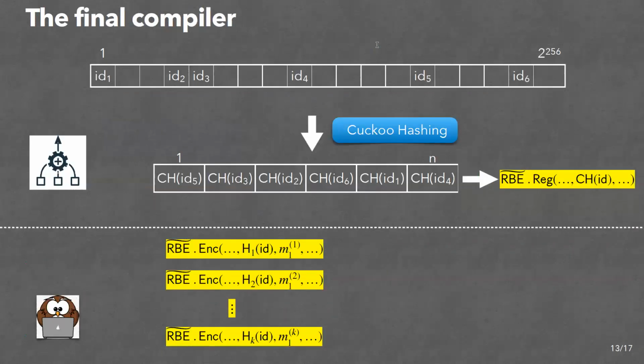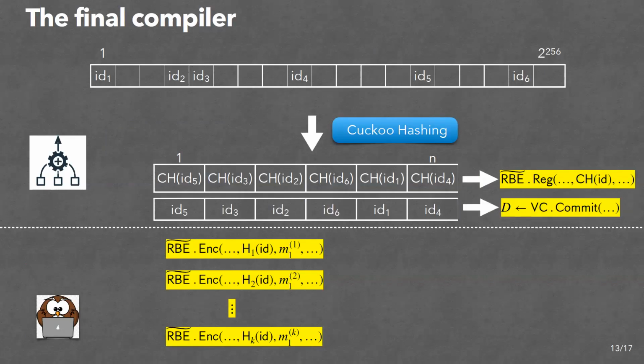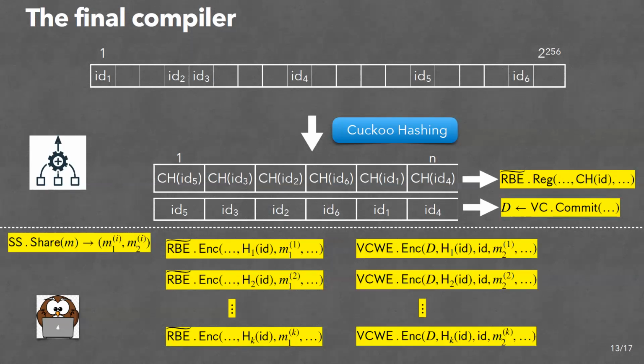And what we can do now for our compiler is that on top of what we had before, we add a vector of the corresponding identities. And we commit to this vector. We add this commitment to the public parameters. And then what we do is that we secret share the message. And for each possible position that the identity can be, we give two ciphertexts.